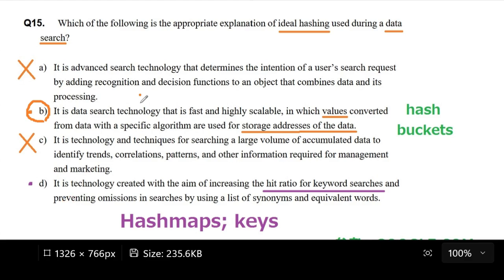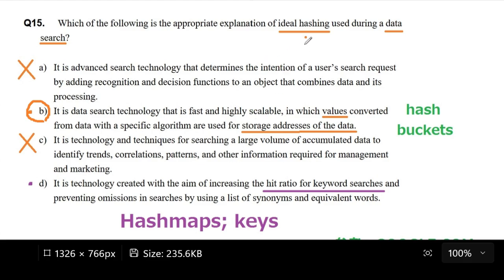Well, first, if we go look at A and C, the two other choices, A is saying that ideal hashing is advanced search technology that determines the intention of a user's search request by adding recognition and decision functions to an object that combines data and its processing.